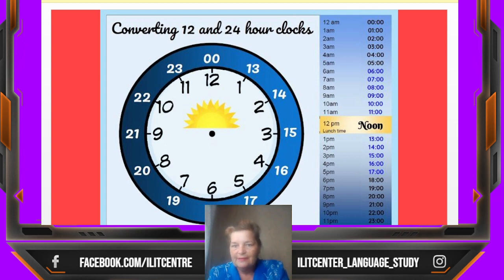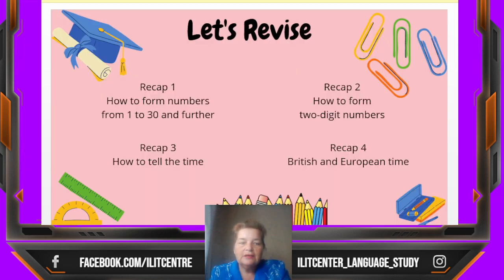Now you see that in a European continental way, we tell the time from 1 till 24. In the British way, we tell the time from 1 to 12 and then again from 1 to 12. Great. And that was recap number 4, British and European way of telling the time.